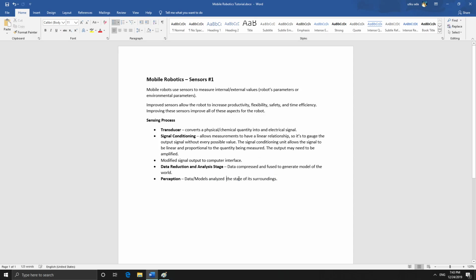And we can see this as a top-down layered system where the transducer feeds into the signal conditioning unit, and so on.